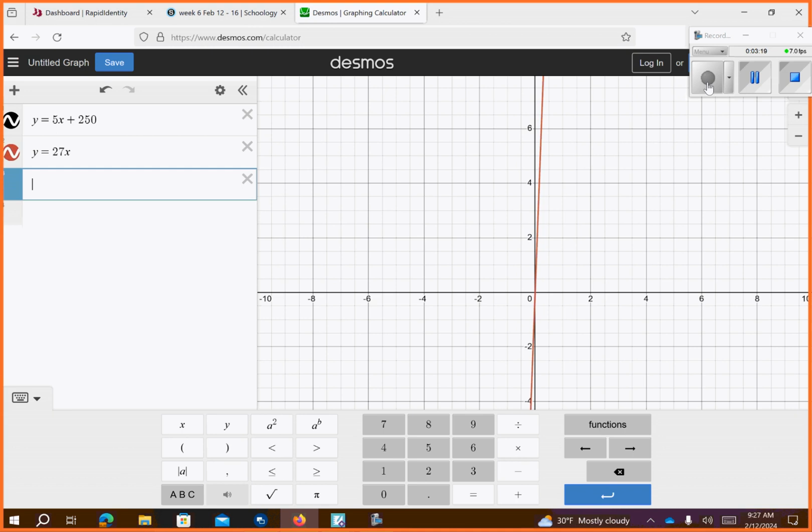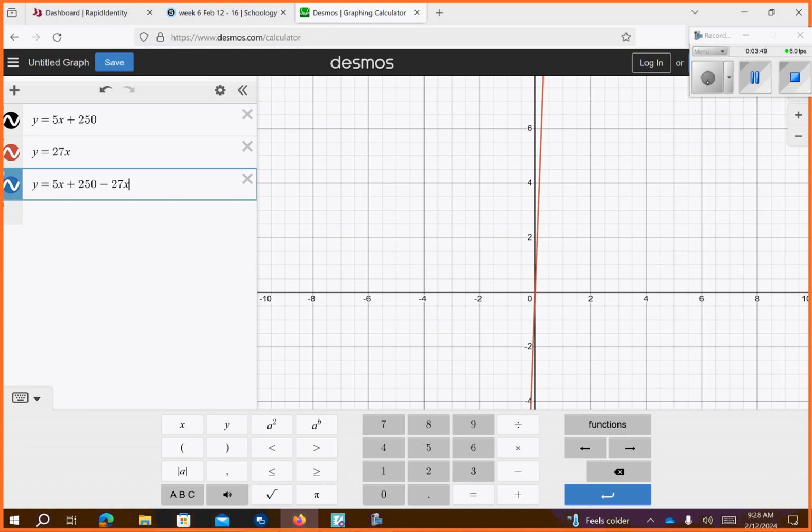If I wanted to create a profit function, it's going to be our costs, 5x + 250, minus 27x. So you could say it's y = -22x + 250.